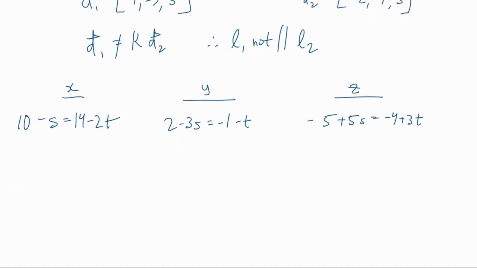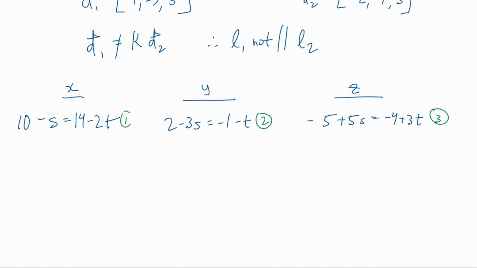So now I have three equations, both in s and t, and this is a system. And again, what do we do? We choose two of them, solve the system, which means solving for s and t, and then check that in the third.